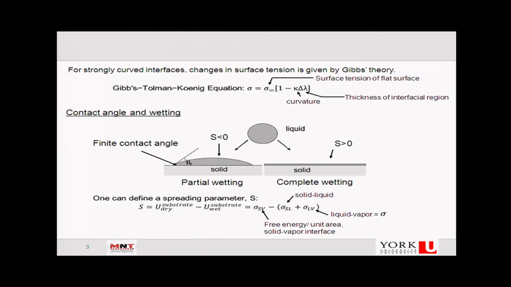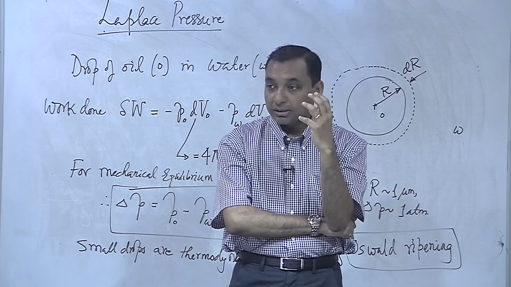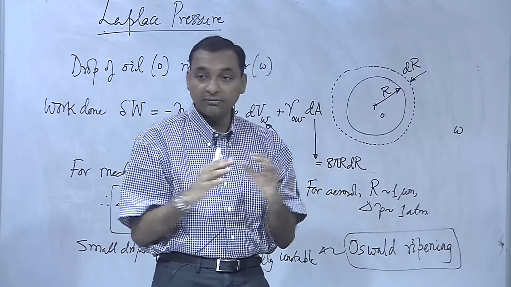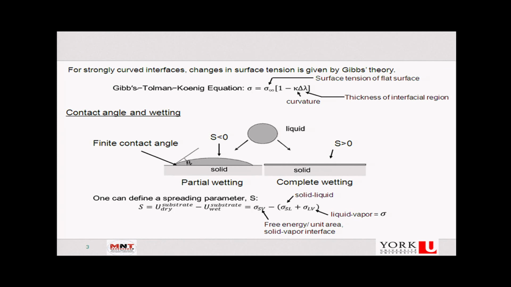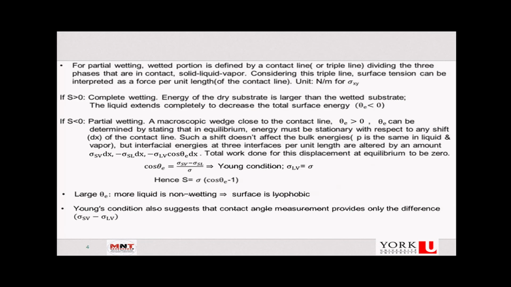So the next very important thing is the concept of wetting. If I have a liquid, how it will wet the surface is dictated by something referred to as the spreading parameter.